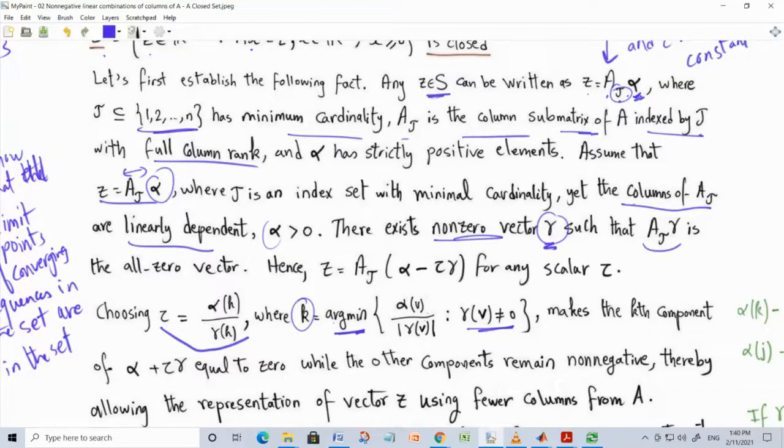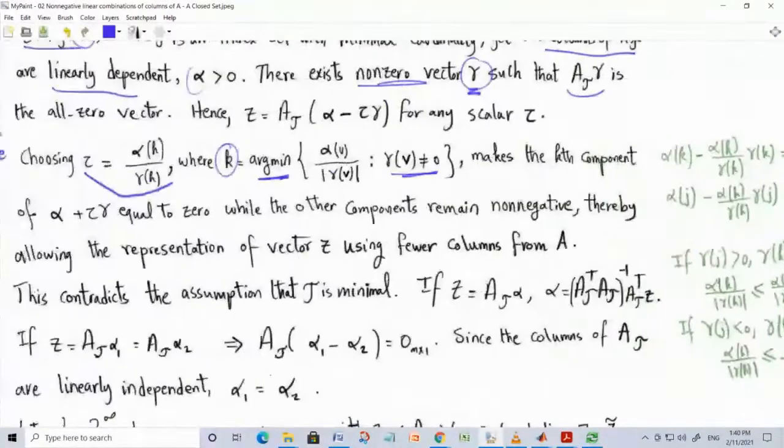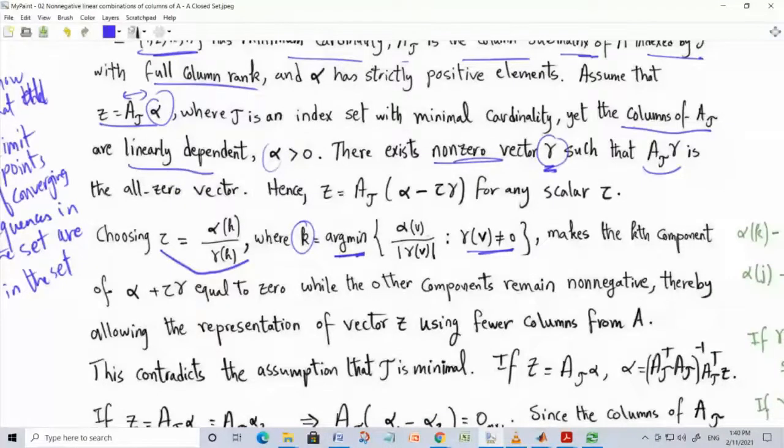You can check that if you choose this value for tau, then alpha minus tau gamma, with tau given by this quantity, now has at least one zero component, and the other components are positive, which tells you that you can express vector Z using fewer columns of A.